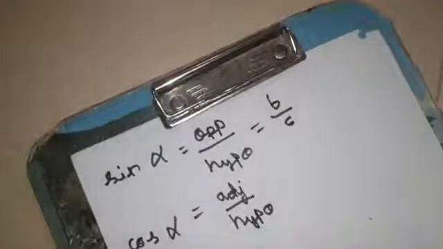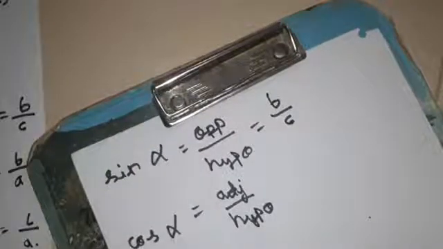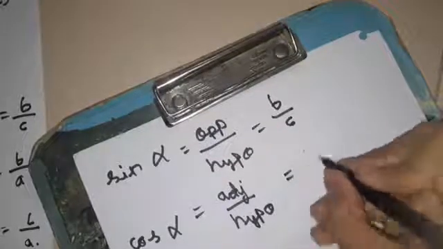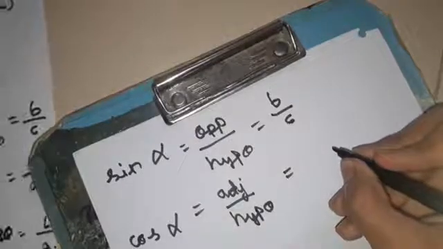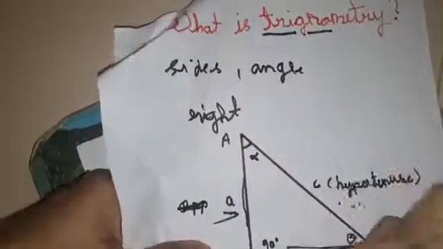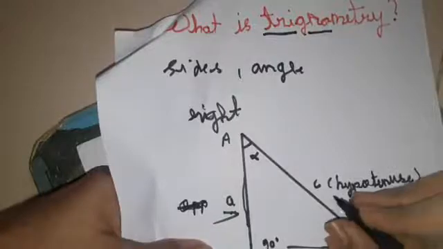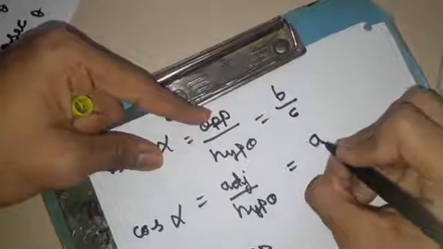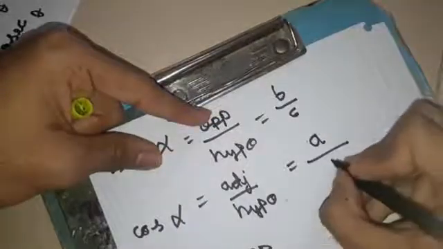Cos alpha is adjacent upon hypotenuse. The adjacent side is small a and the hypotenuse is c, so it is a upon c.